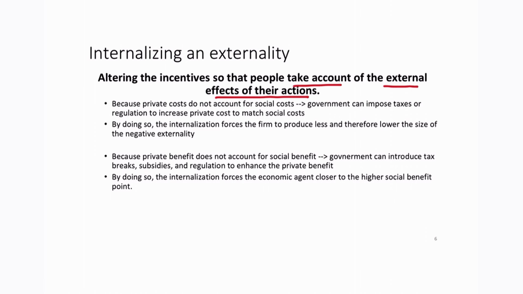For example, when private costs do not account for the social costs, the government can impose taxes or regulation that try to bring the private cost closer to the social cost. On the other hand, if the private benefit does not account for the social benefit, the government can try to introduce tax subsidies, tax breaks, and regulation that enhance the private benefit and bring it closer to the social benefit.